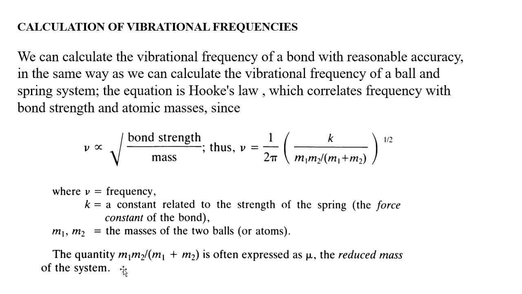The quantity m1 m2 divided by m1 plus m2, often expressed as mu, is called the reduced mass of the system, and hence this equation may be represented as nu is equal to 1 by 2 pi into square root of k by mu, where mu is the reduced mass, equal to m1 m2 divided by m1 plus m2. Okay, that is how we can calculate the vibrational frequency using Hooke's law.